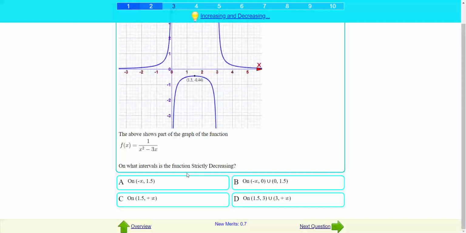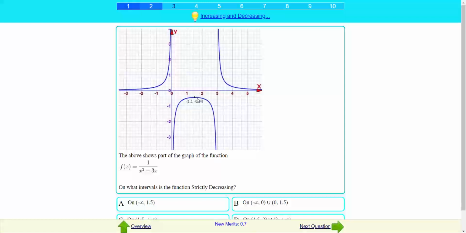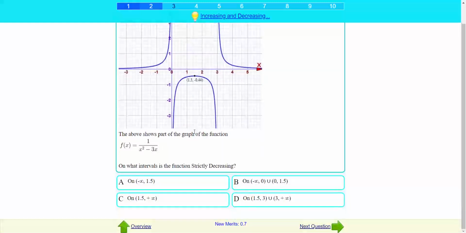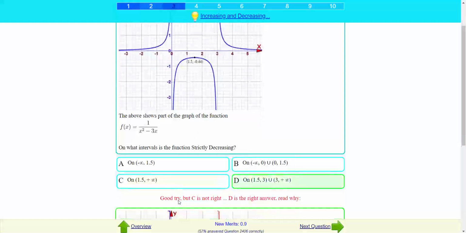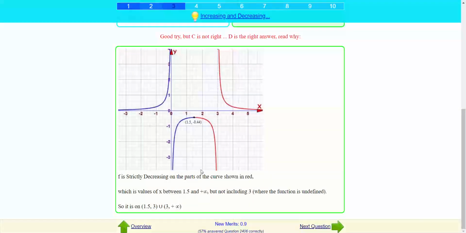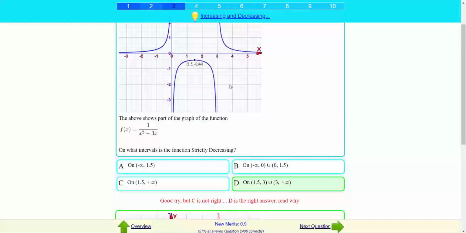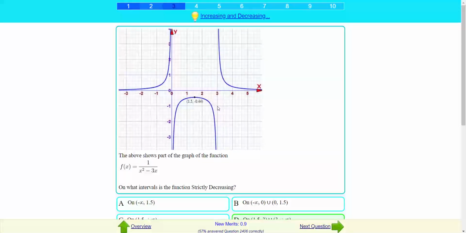Is the function strictly decreasing? So when it's decreasing from this value, like 0.5 to, it's 1.5 to infinity. Okay, let's read it.